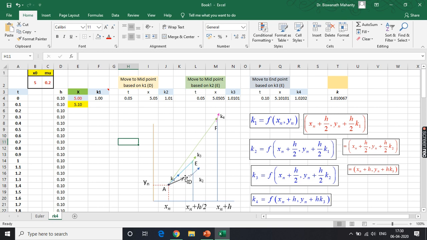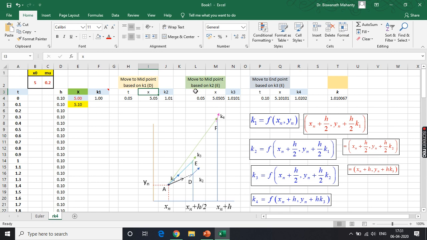So using this slope we will reach point d. Point d has two things: the x value and the y value of this point, and the slope calculated at this point. So this also has a t, the x-axis, and y values, which here is biomass, and the slope calculated at this point, k2.